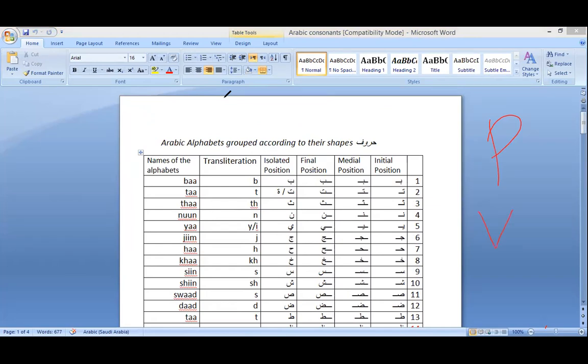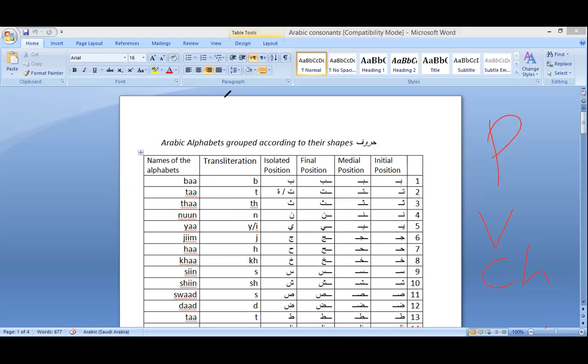There is no V in Arabic. There is no Cha in Arabic, in names like Chalice or Charles.